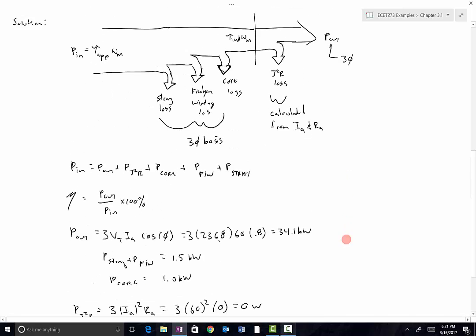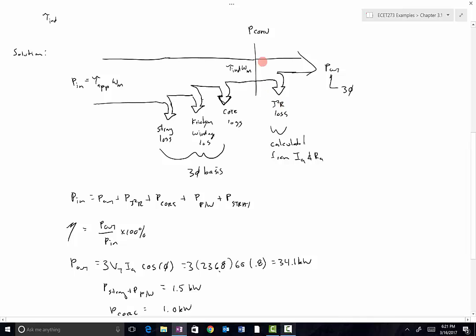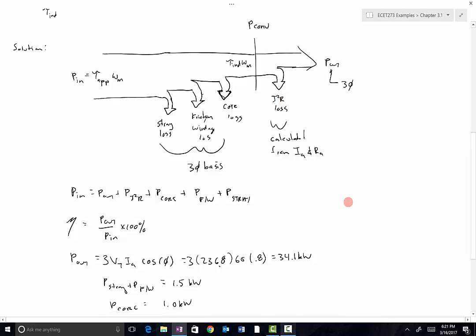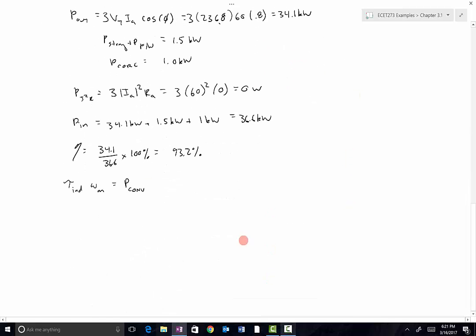Since I squared R loss is 0, P converted is equal to P out in this example. So I can determine the induced torque by dividing the output power by the angular rate of rotation of the prime mover.